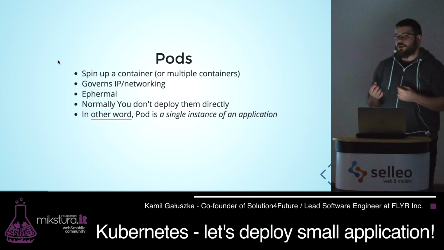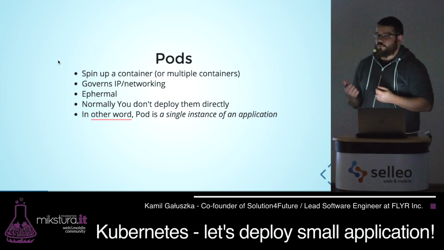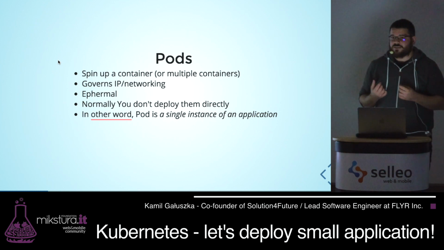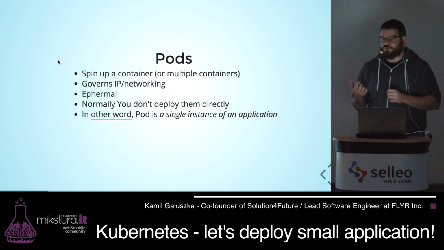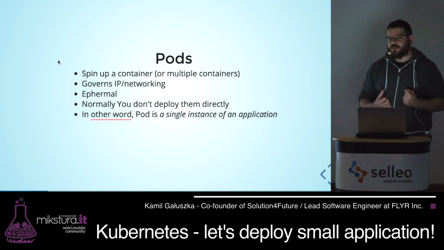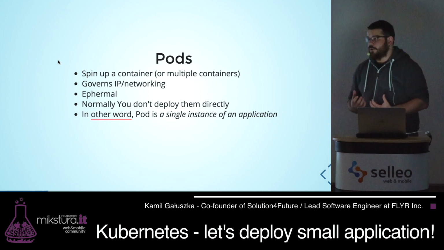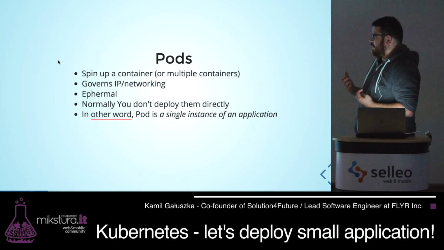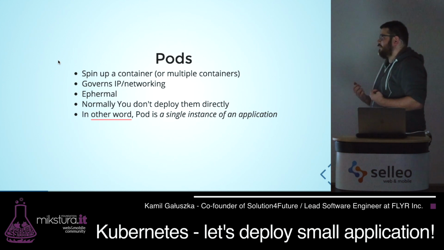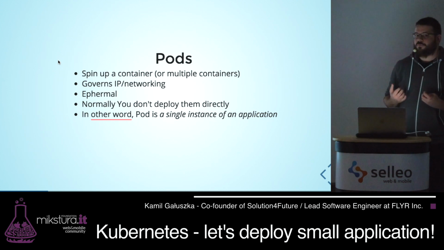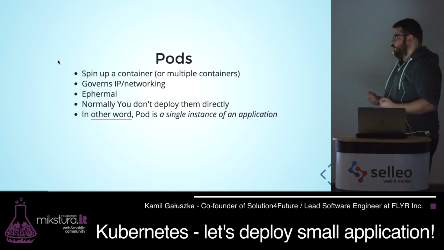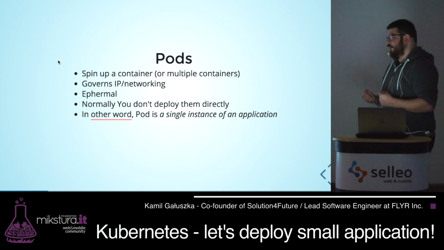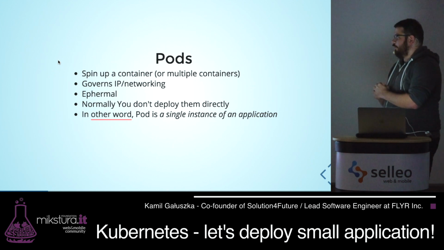A pod can be structured from 1 or more containers. In some cases you will have, for example, 2 containers in one pod. For example, one will be writing to a file, and the second will just be reading from it, and they will share the same storage. But in 99% of cases we have 1 container per 1 pod. That helps a lot with scaling.